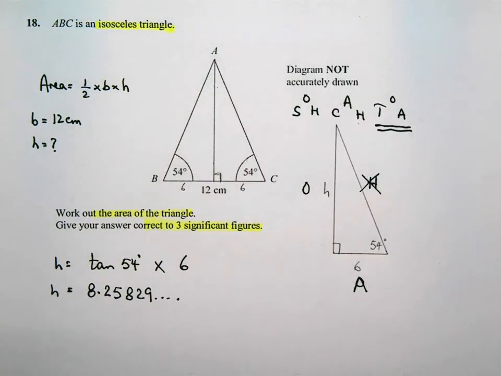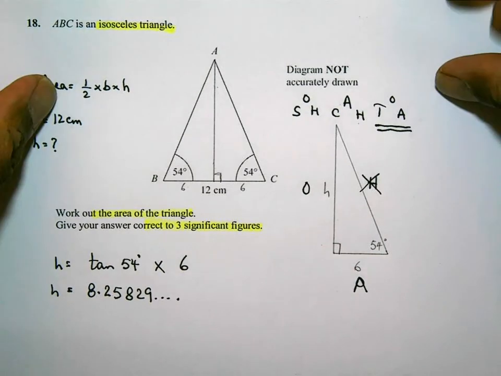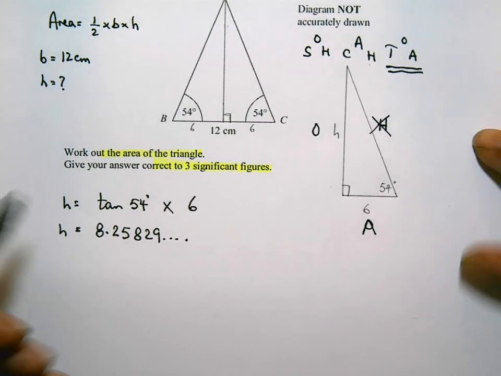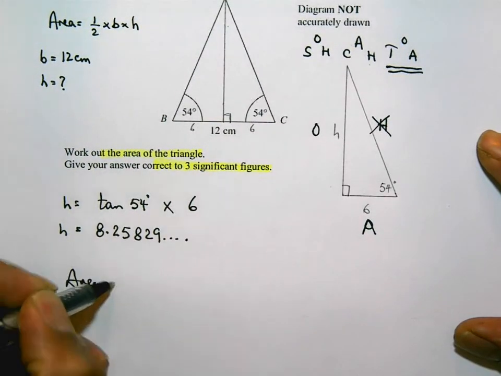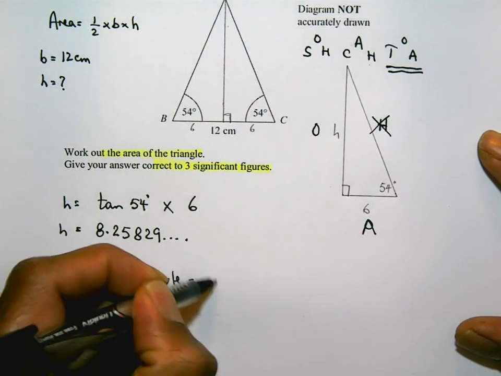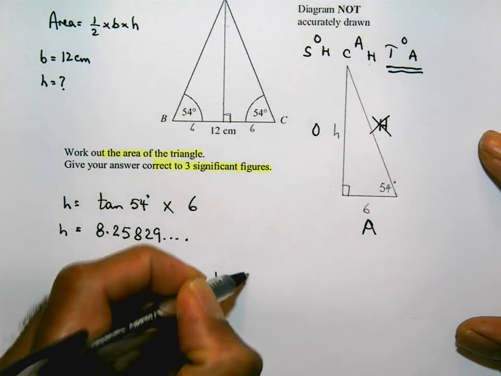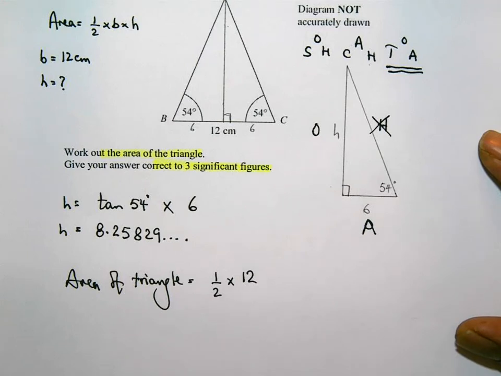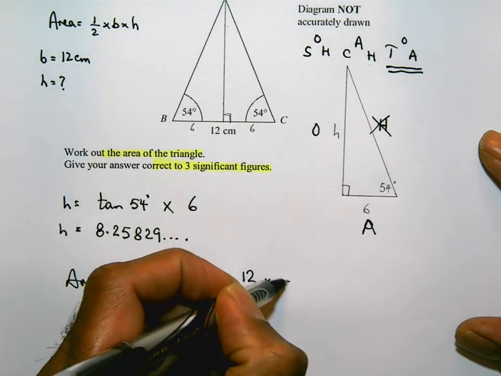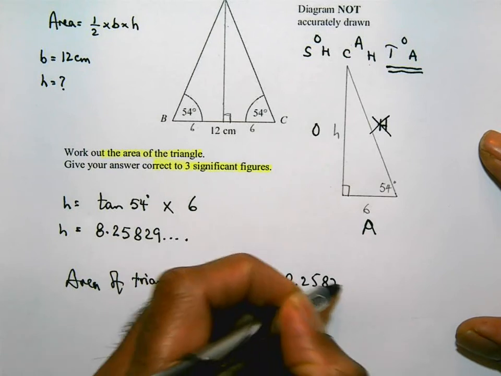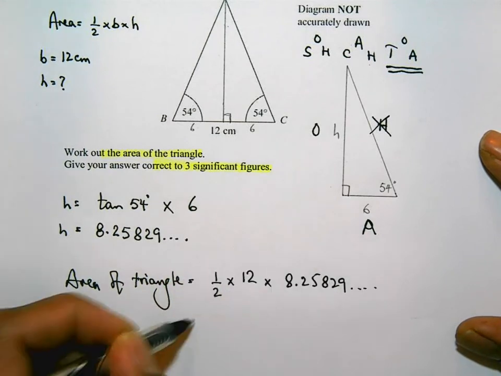So to work out the area of this triangle, I'm going to do half times the base, which is 12. So the base of the whole triangle, the original triangle, is 12, and I'm going to times that by the height, which I just worked out, which is 8.25829, and I still have that number on my calculator.